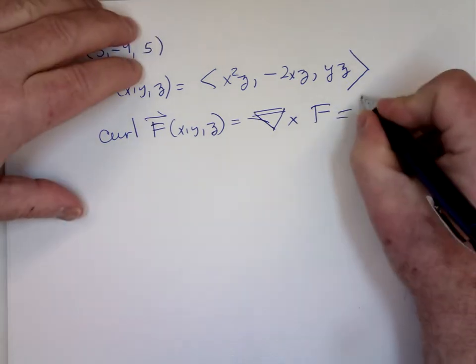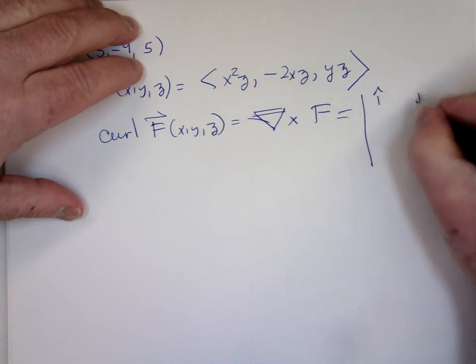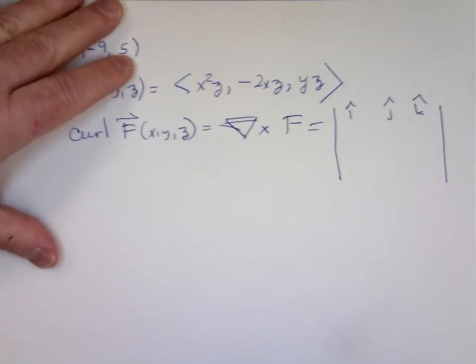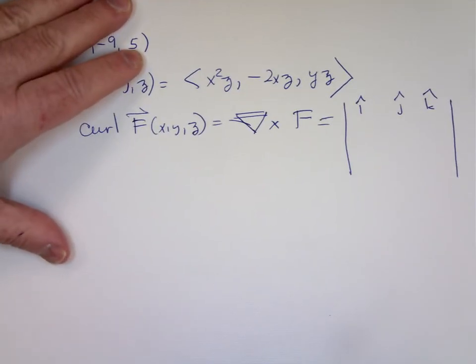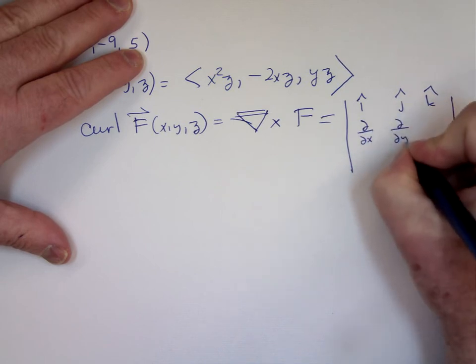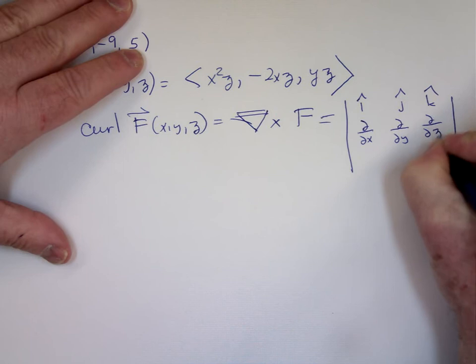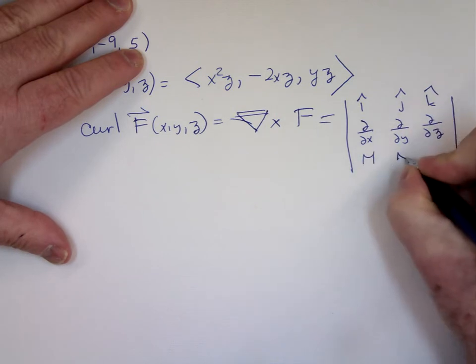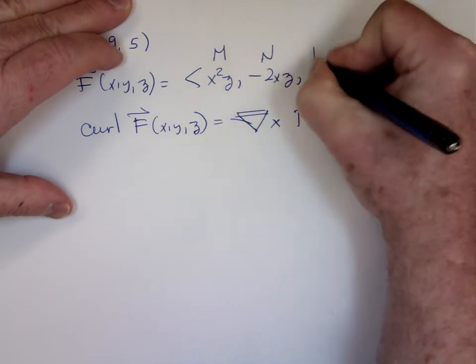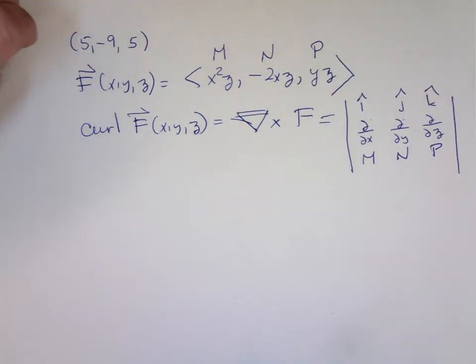What this means is you do i, j, k; partial with respect to x, partial with respect to y, partial with respect to z; M, N, P. This is M, N, and P. That's the curl. Trying to do both at once, it's just not going to happen. We're going to take it slow.